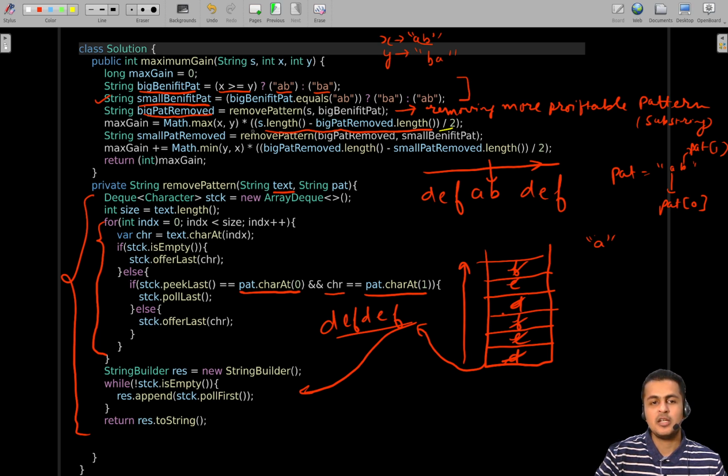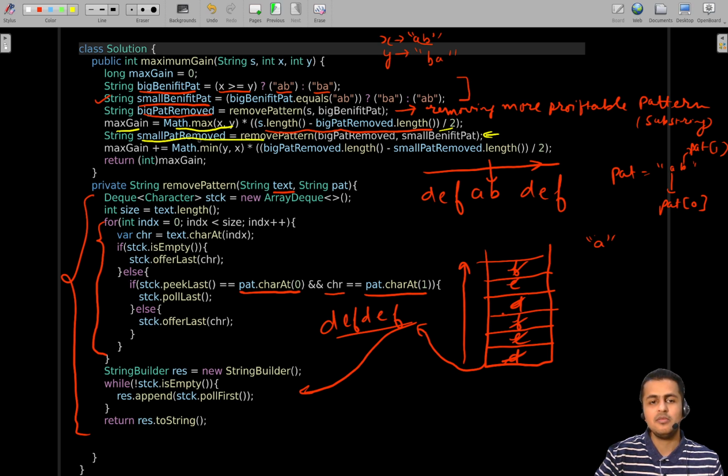Since this pattern was giving us maximum benefit, we are taking the maximum value among x and y and multiplying it with the number of patterns removed, and adding it to the maximum gain that can be achieved. Similar thing will be done with the now reduced string, which is the big pattern removed string. Now we are removing the smaller, less profitable pattern.